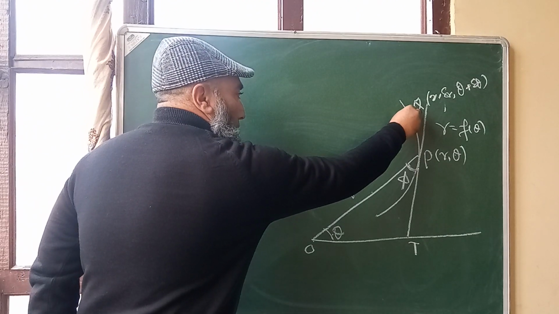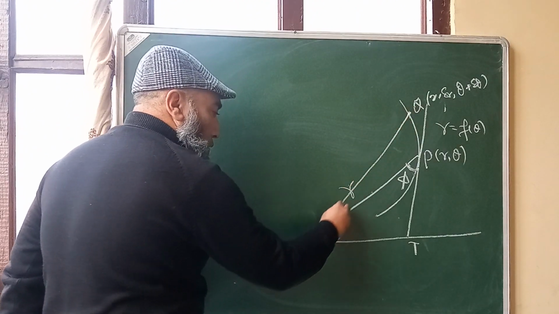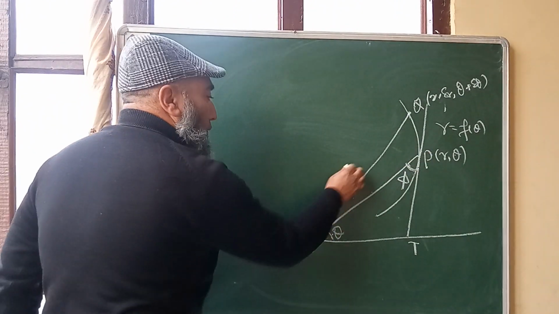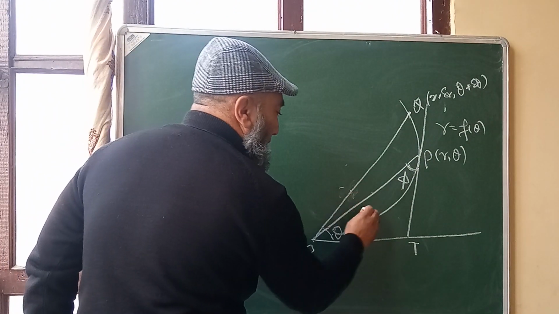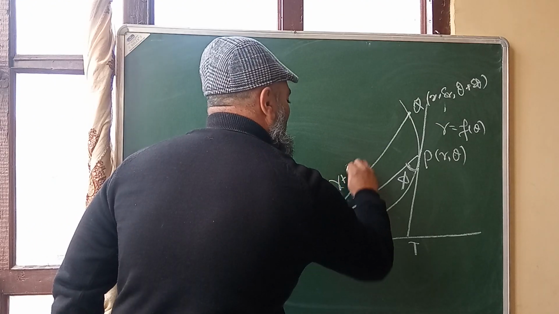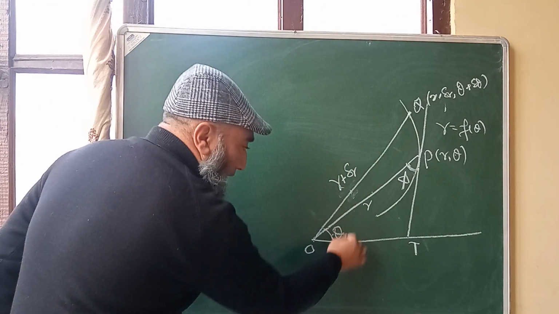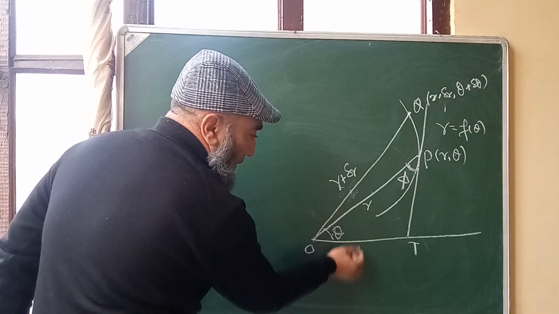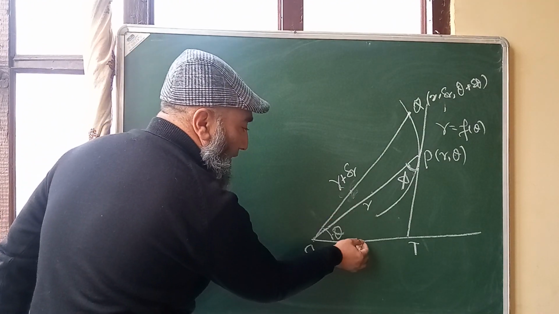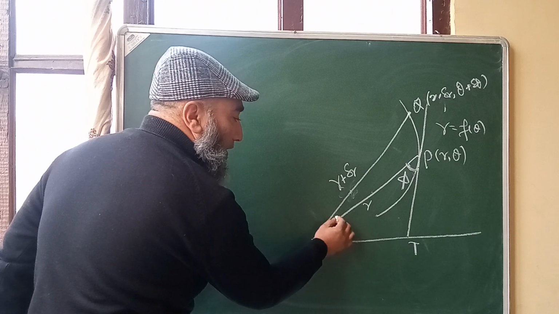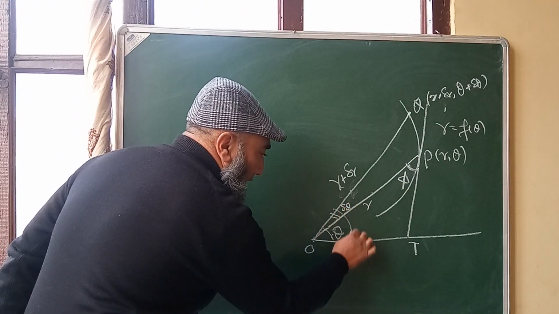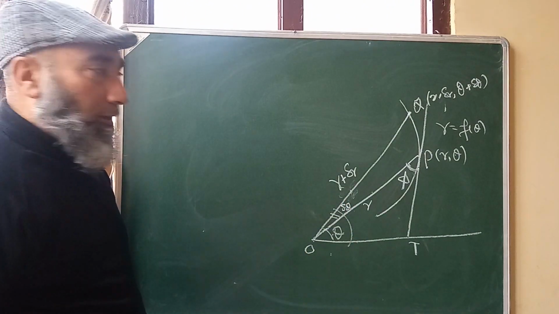Then let me join OQ. Likewise, OP was r, so OQ will be r plus delta r, obviously. And what is the total angle? The angle this line makes with the initial axis is theta plus delta theta, so this angle will be only delta theta.